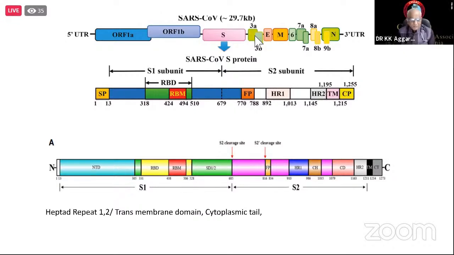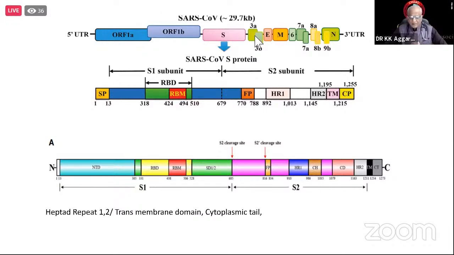And then it has portions called NTD, RBD, RBM. So we have been focusing on the RBD and RBM part of the virus. But if you see, there is a blue portion called NTD, and we have been ignoring this part of the virus.